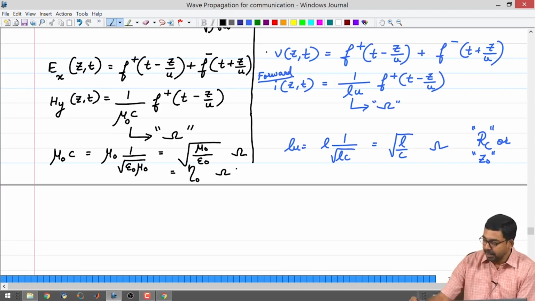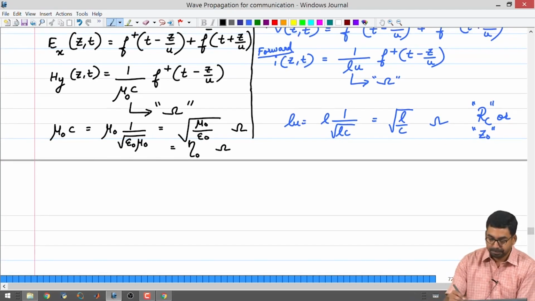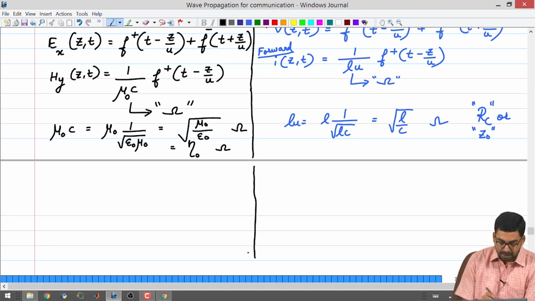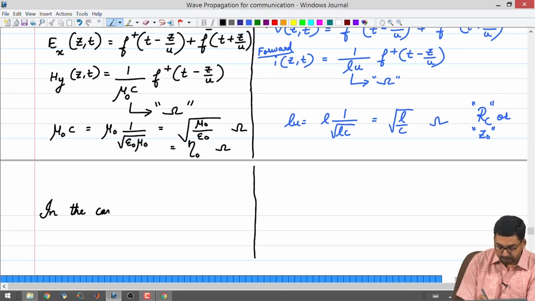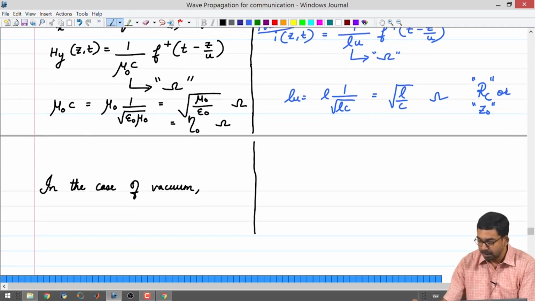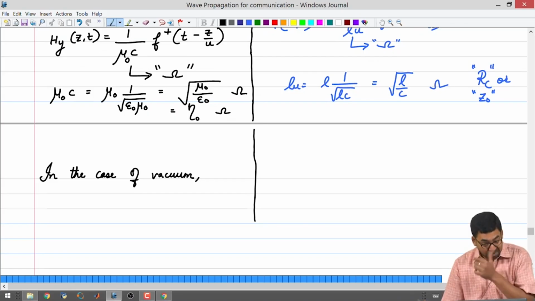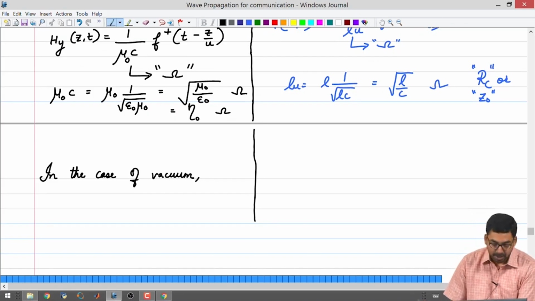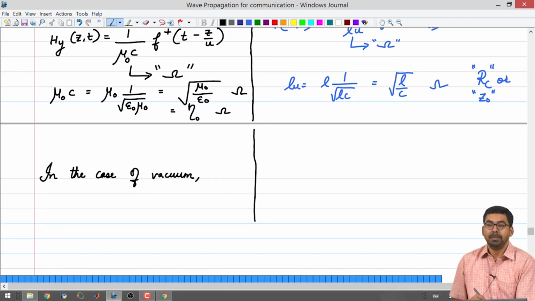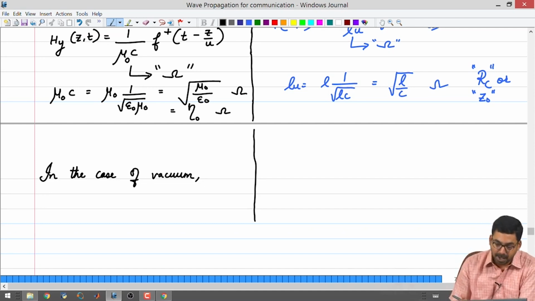In the case of vacuum, you can also extend this a little bit more. The values of epsilon naught, mu naught are known, and I have just written down the value of mu naught and epsilon naught a few minutes back.